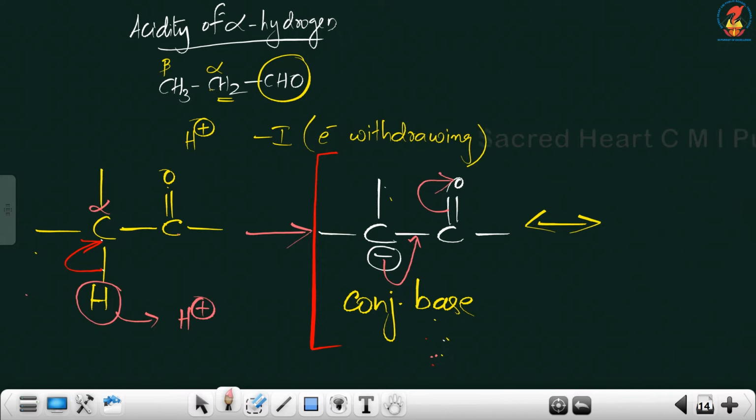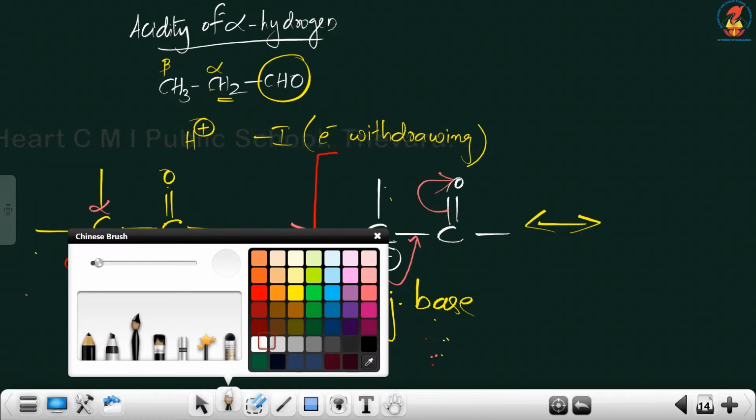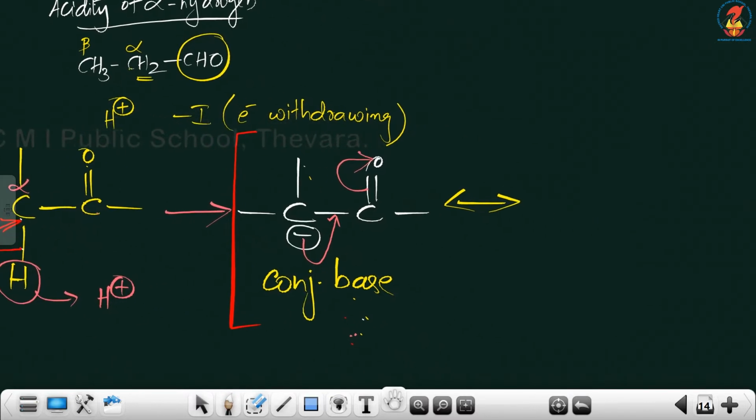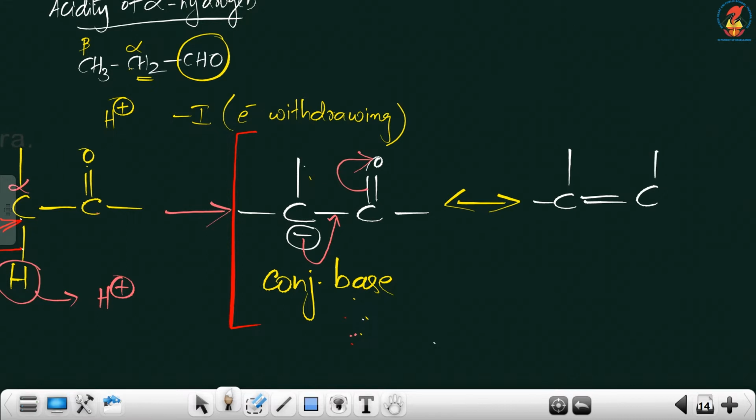Actually, first this shifting is taking place because it is electron withdrawing. So, first the pi bond will be shifted to oxygen. Simultaneously, the negative charge on this alpha carbon will be shifted to this position. So, what we are getting here is carbon. There is no change in the free valencies. Single bond will become double bond, carbon.